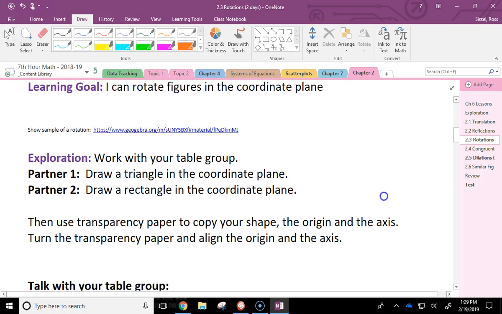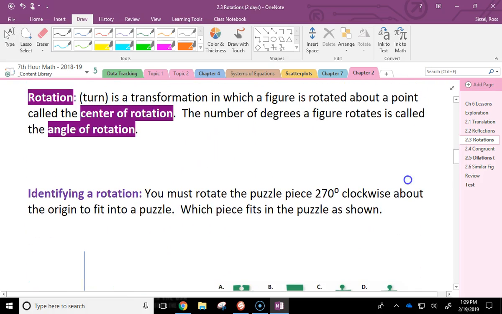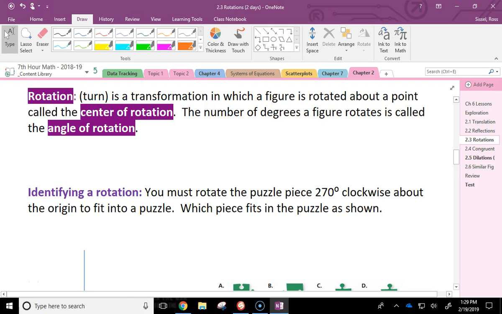Now, we just did this part. Let's go to, in our foldable, it says a rotation. You need to fill this out in your foldable. So, it says, rotation is a transformation in which a figure is rotated about a point called the center of rotation.